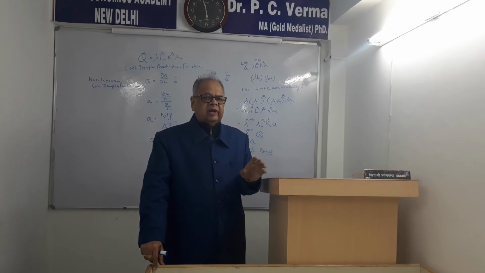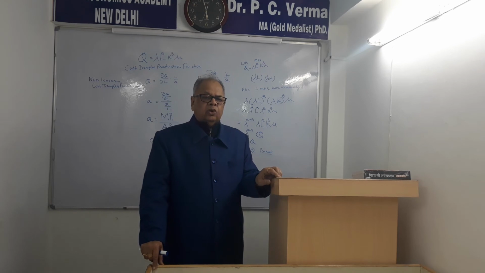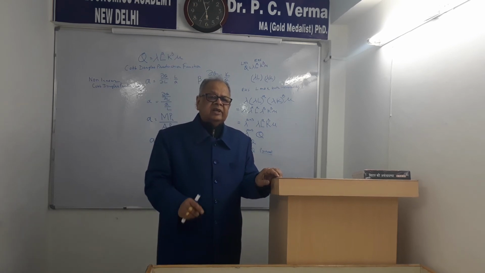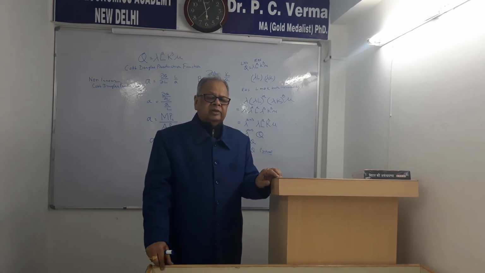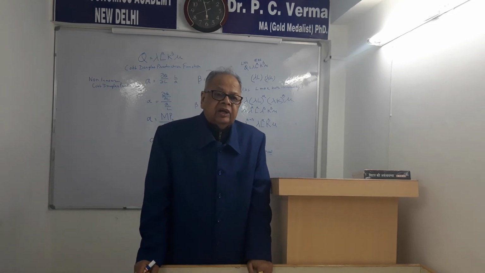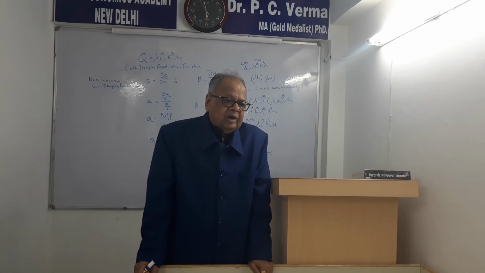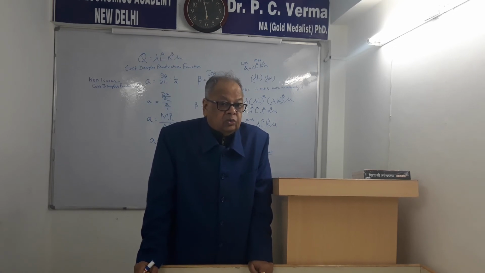What is non-linear? Non-linear means the right hand side is A into B into C. If the equation is like A into B, then it is non-linear. If the equation is A plus B, then it is called linear. So here Q is equal to mu into L to the power alpha into K to the power beta.